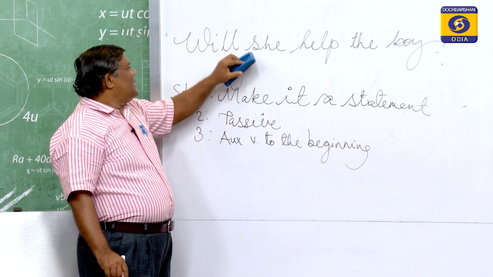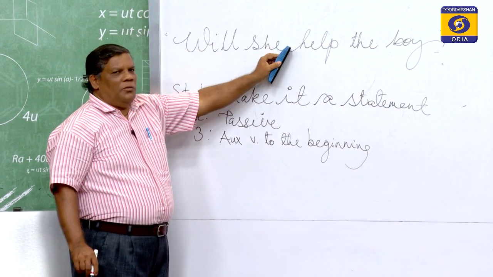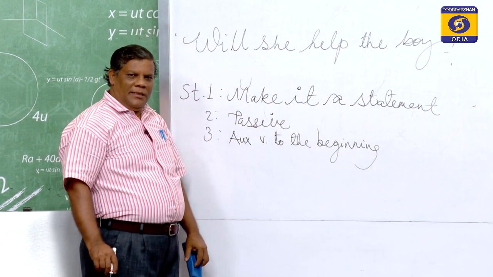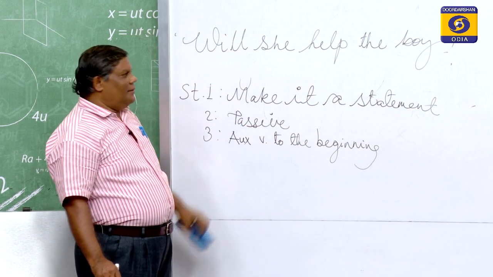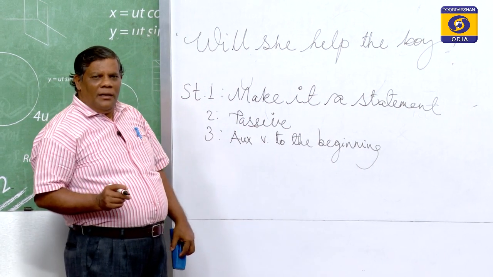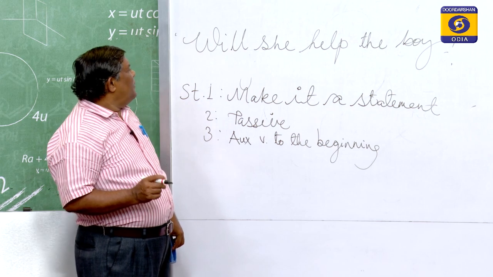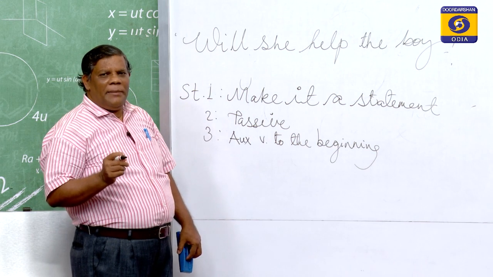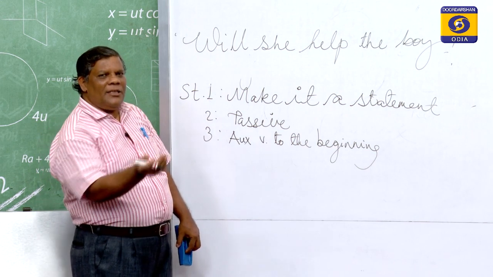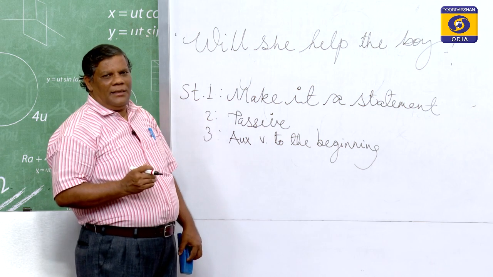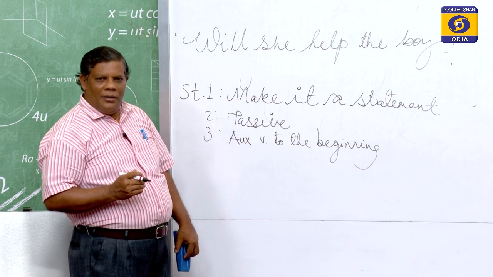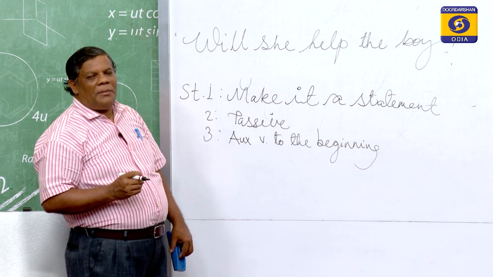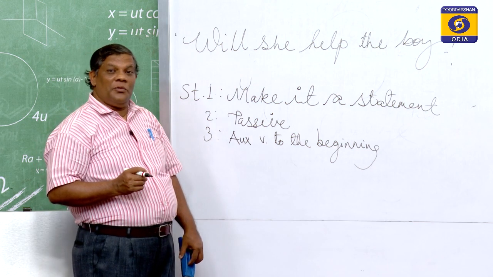The sentence will be she will help the boy, because will goes here. Now make it passive. The boy will be helped by her. And again bring the auxiliary verb to the beginning, will to the beginning. Will the boy be helped by her? This becomes the passive form of yes no question sentences.